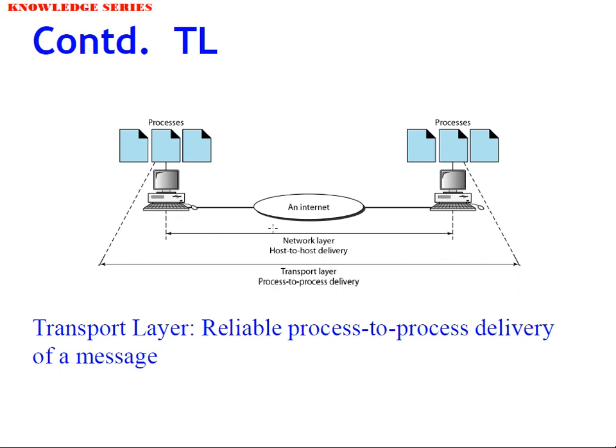If it has to deliver the message, this process is sent through the transport layer. That is process to process delivery, and it will reach the system where the session layer, presentation layer, and the application layer finally deliver it back to the destination. So this is what we see in the transport layer.